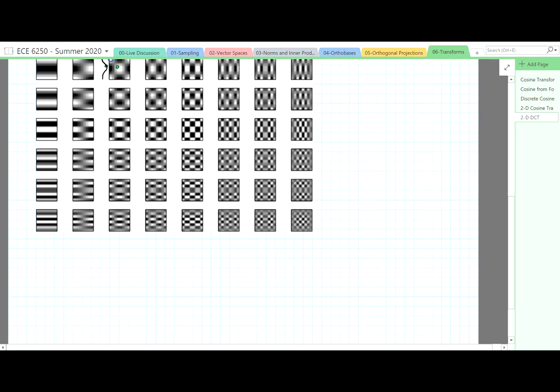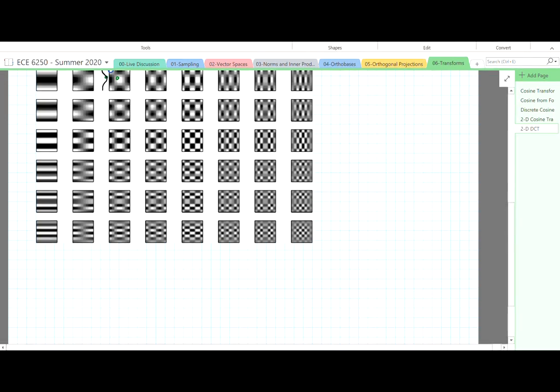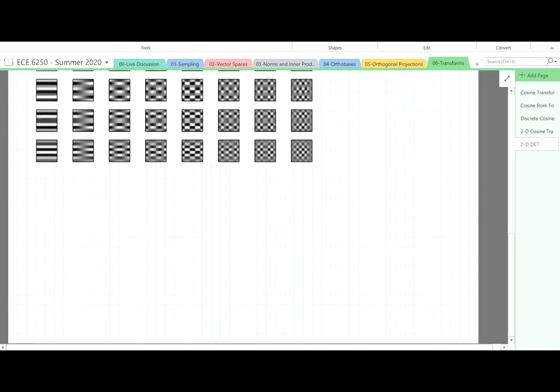Right here, we've plotted the product of the functions, but when we actually compute the 2D DCT, the coefficients are indexed by J and K, so we tend to arrange them in a grid. So the 2D coefficients are indexed by 2 integers.